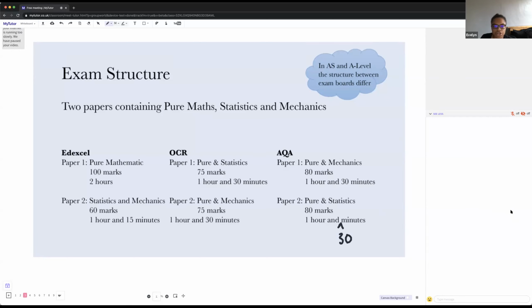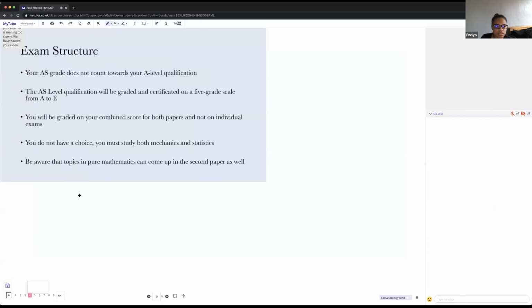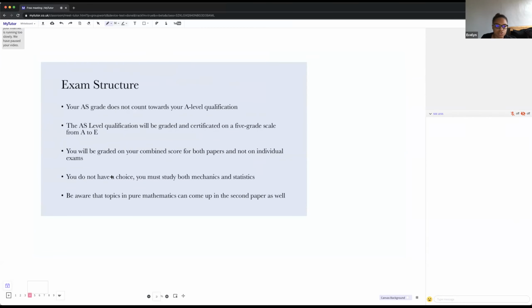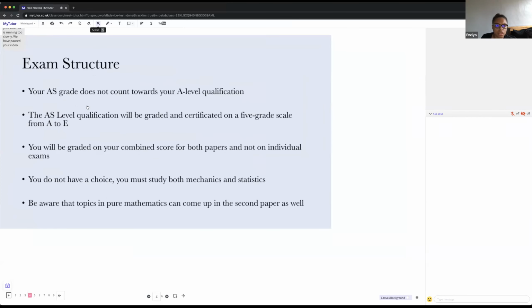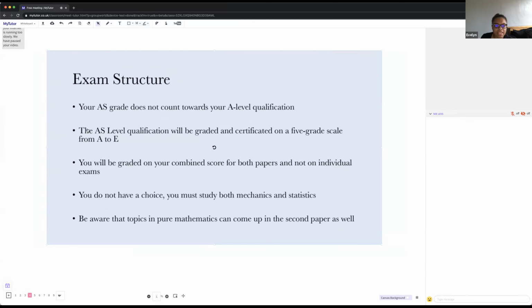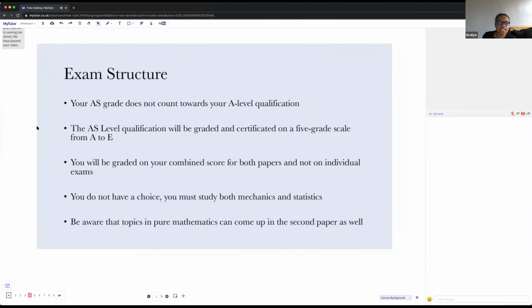Right, so let's go on to exam structure. They changed the exam structure, so the AS and A levels that I took are a little bit different from the ones that you will eventually take. Your AS grade does not actually count towards your A level qualification.